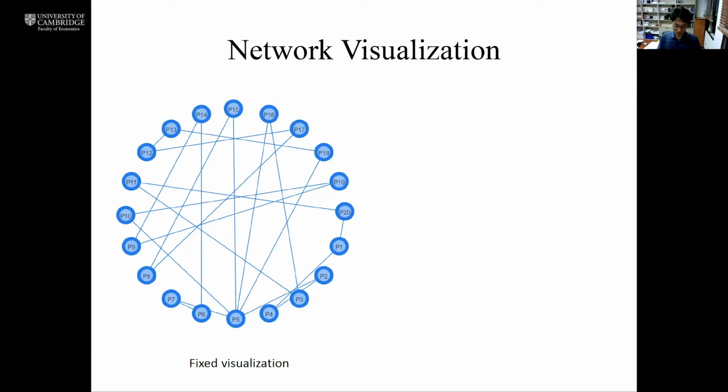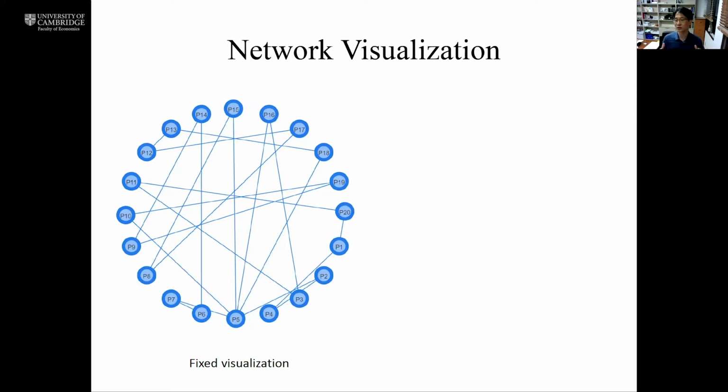In the literature, since most of the experiments are on a small scale, when they run the experiment, they fix the nodes in the network and then present the connections, which you can see in the fixed visualization with the 20 people on the left-hand side of the screen.